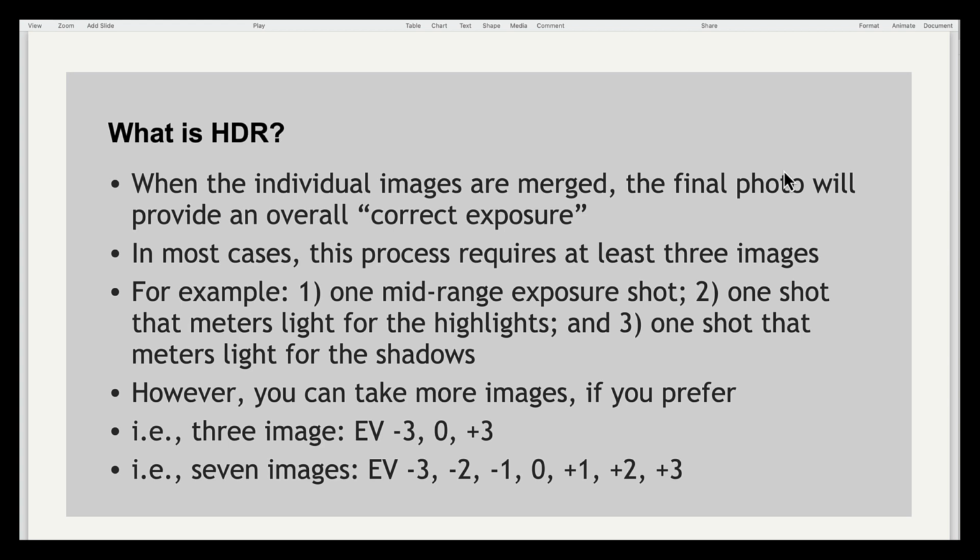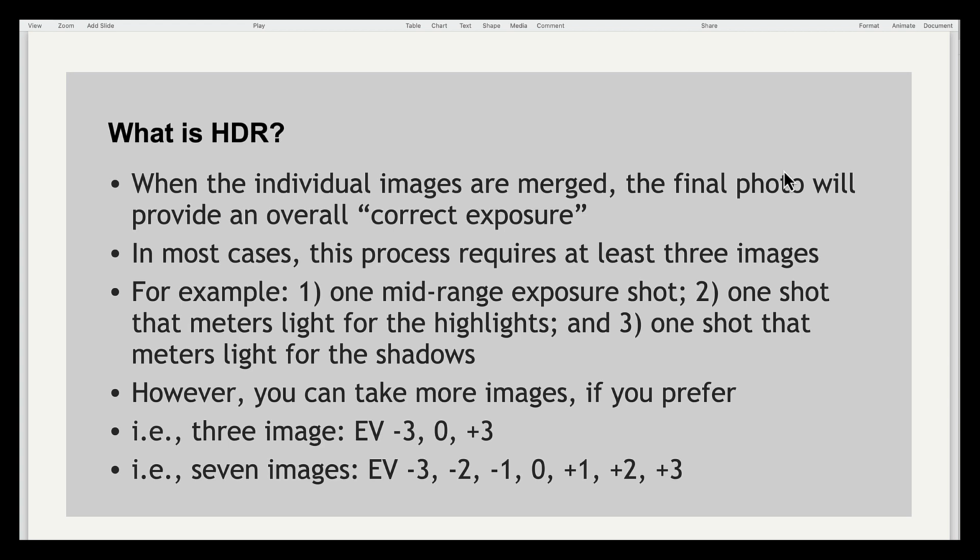We could take one base image, which we could consider correctly exposed, or if our camera is telling us in the exposure level indicator that it is at 0, that in theory is a correctly exposed image. So we can take that first base shot, and then we can take a shot that meters light for the highlights separately, and then lastly we can take a final shot that meters light for the shadows.